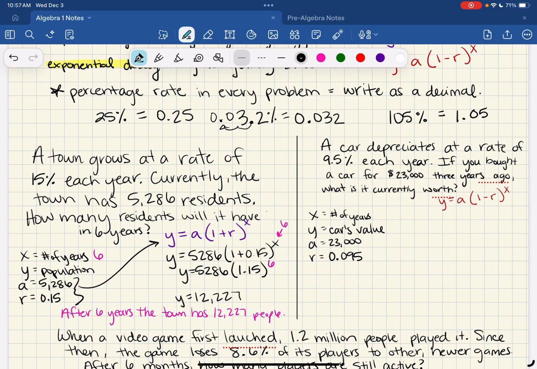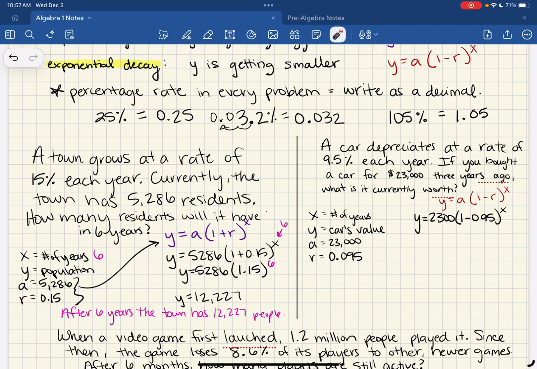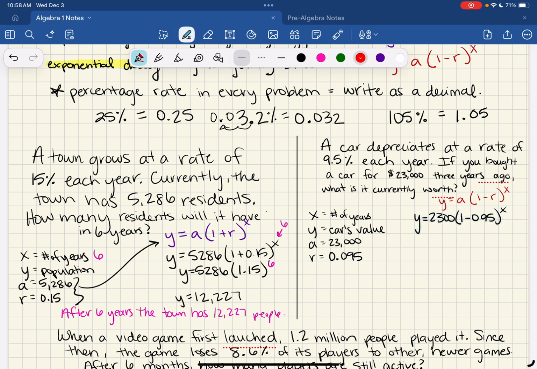Plug in what we know. Y equals 23,000 times 1 minus 0.095 to the X. Okay, we want to figure out how much it's worth today if we bought it 3 years ago. So that's my X value, so it's going to go in for my x right there. Y equals 23,000.